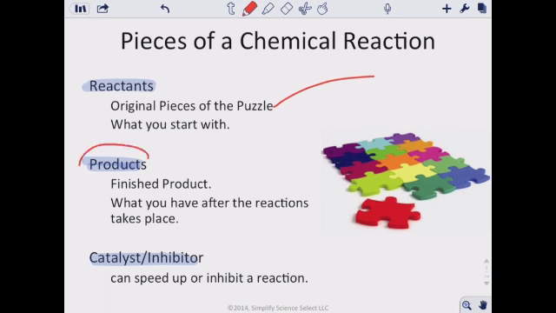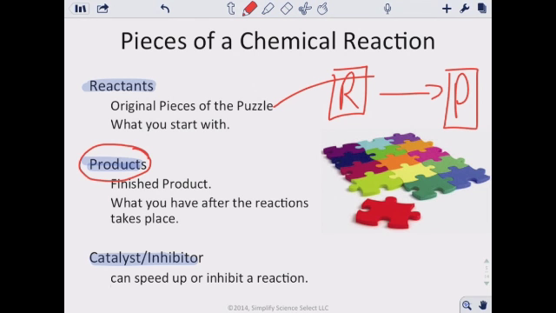The product is what we finish with. It's what you have after the reaction takes place. So if the arrow always points to the product, then the reactant is on the other side of the arrow. Reactants would be over here, and products would be over here. If the arrow was going this way, we'd have products and then reactants.